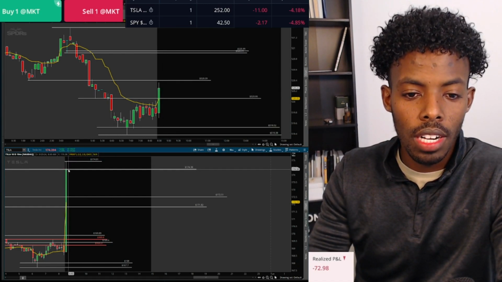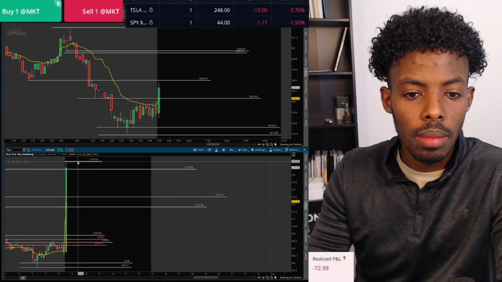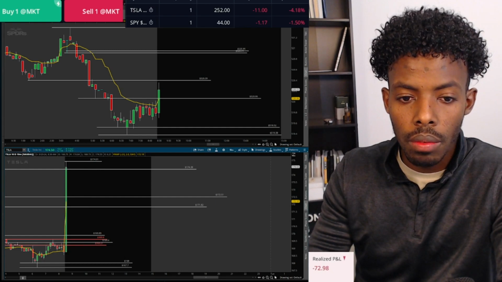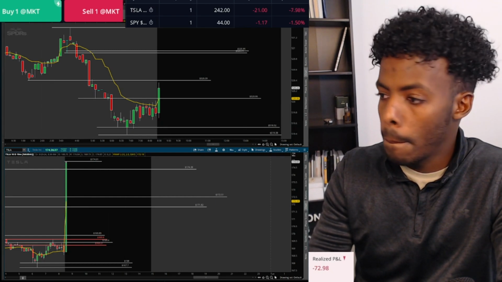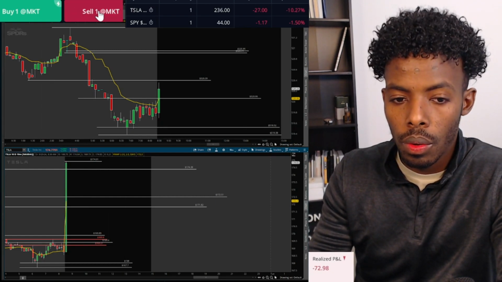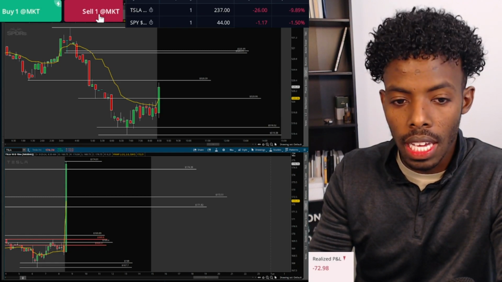Okay, now we're clearing that level. Here we go. Here we go. Right here is my stop loss, above this wick here. 174.91. Wow. We cleared that level again.